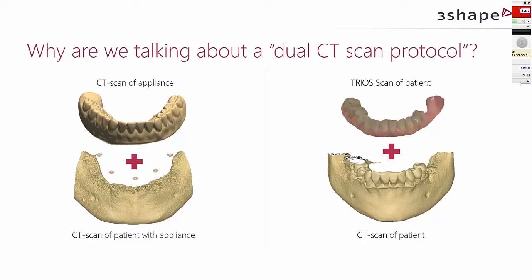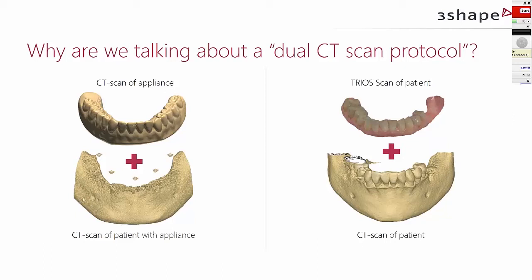On the right-hand side we see the workflow we use for designing guides that are tooth retained or tooth supported, where we use scan data from a CT scanner of the patient and we make an intraoral or a model surface scan and combine the two scan data sets. On the left-hand side of this slide, we see what we're going to talk about in this webinar, the input data for the dual CT scan protocol.